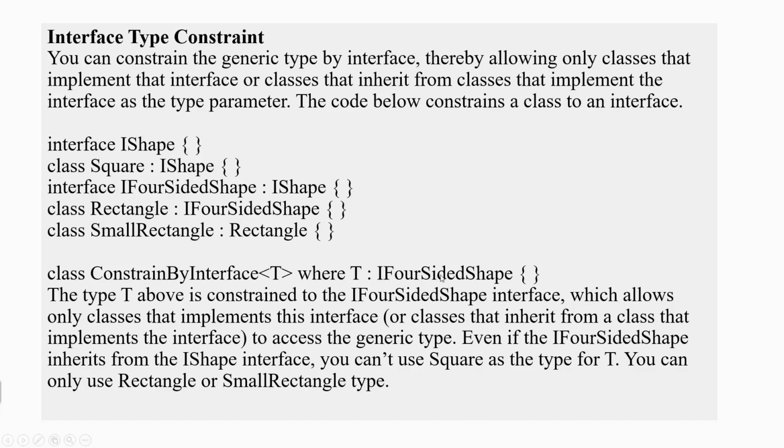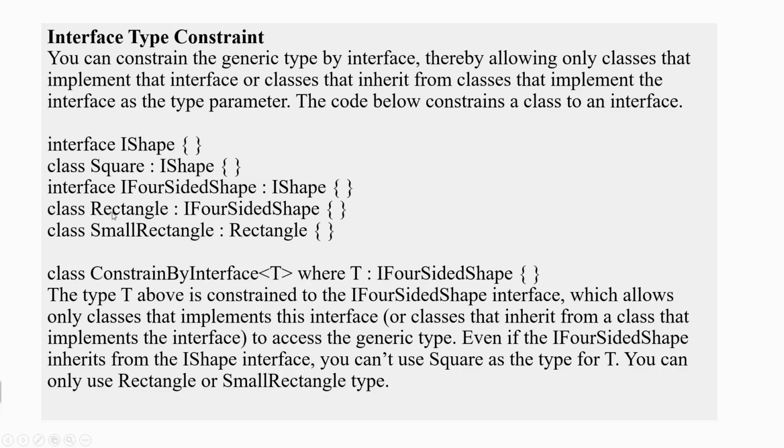These are constraints applied for this. So there is a bunch of interfaces and classes. So interface IShape and a class Square that implements IShape, and there is another interface I4SidedShape that implements IShape, and a class Rectangle that implements I4SidedShape, and a class SmallRectangle that derives from the class Rectangle.